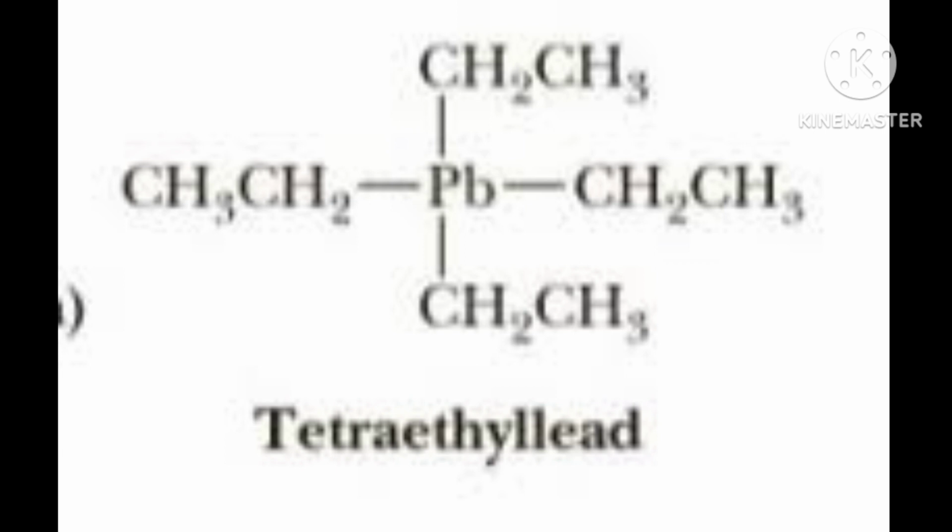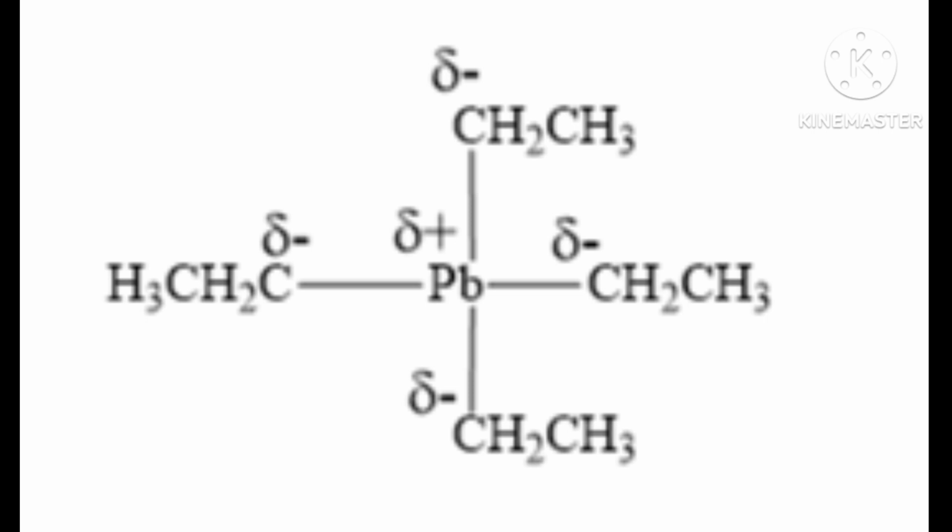Unleaded petrol means petrol will not have any lead. In order to enhance the octane rating of gasoline in an internal combustion engine, gasoline is normally mixed with 0.1% TEL. This increases the octane rating by 10 to 15 points.